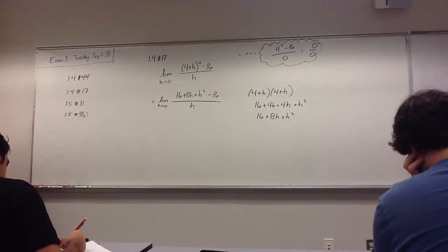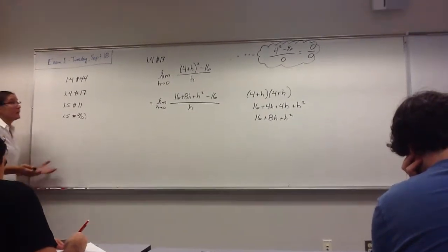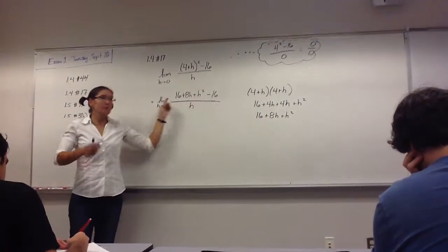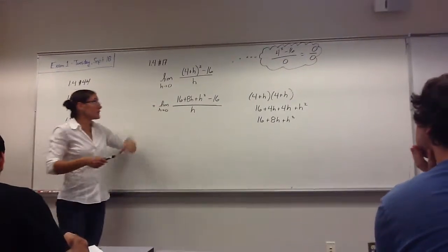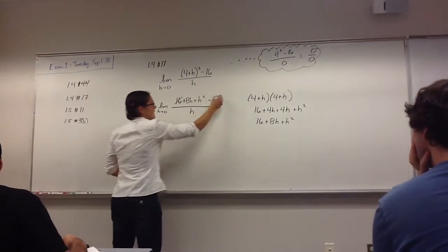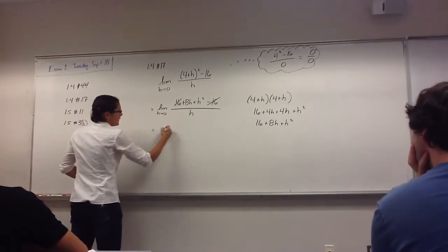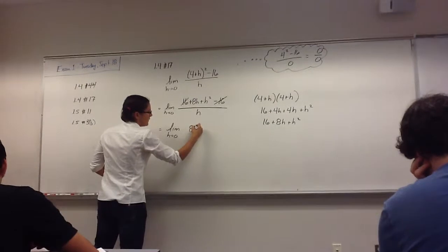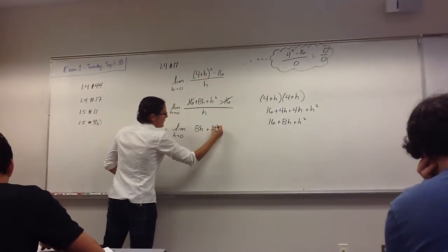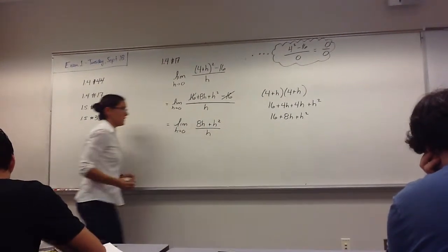Okay. At this point, this is really nice because now that everything is expanded out, there's no more multiplication going on, I can look at canceling some terms, and I can definitely cancel the 16 and the minus 16. That leaves us with the limit as h goes to 0 of (8h plus h squared) over h.